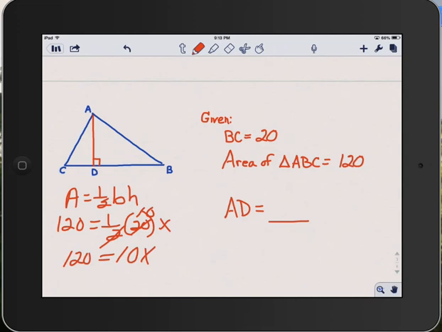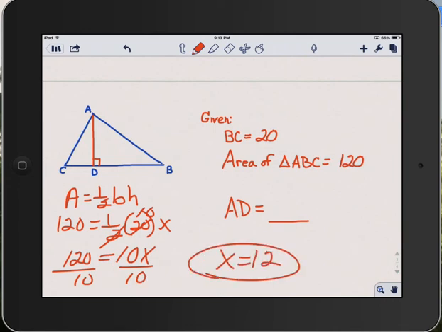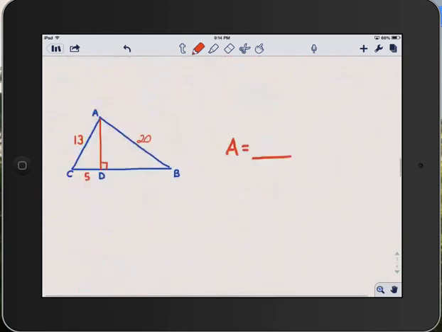Dividing each side by 10, we have x is equal to 12, which is the answer to the question. Now instead of finding a common factor to cancel, you could have just multiplied each side of the equation by 2 at this point and had 20x equals 240 and solve for x that way. Same thing.